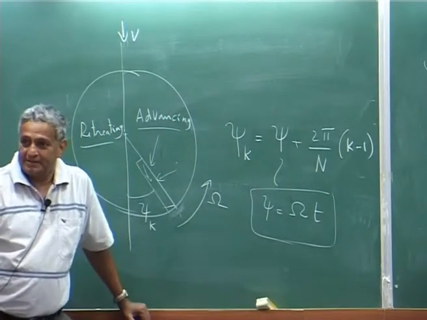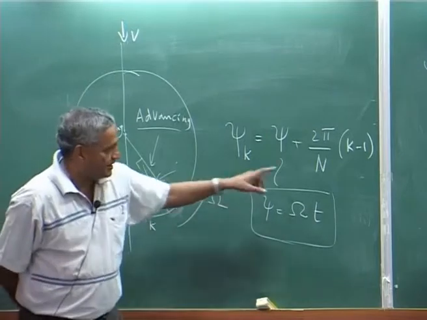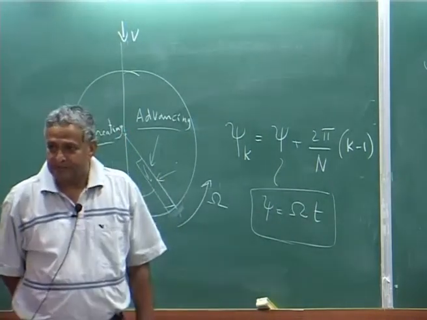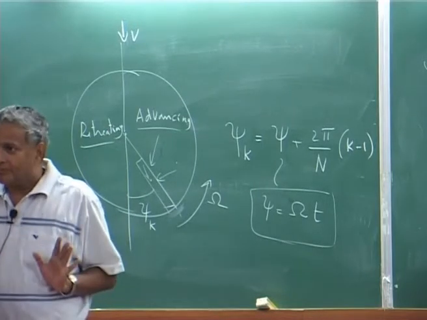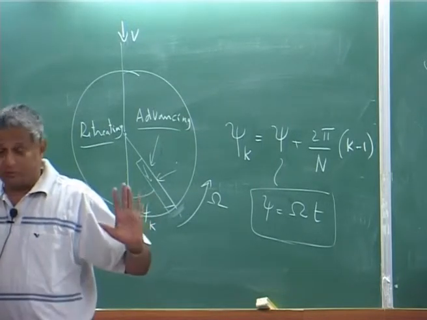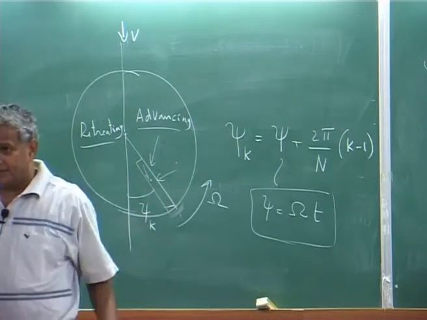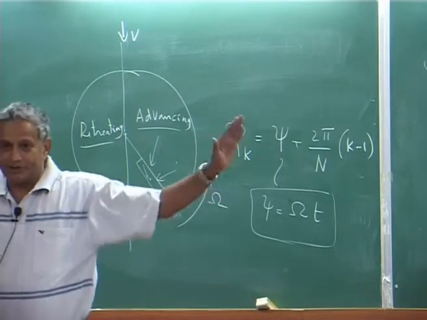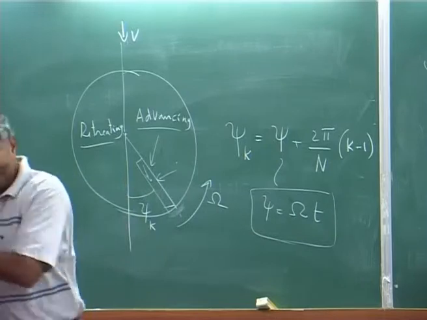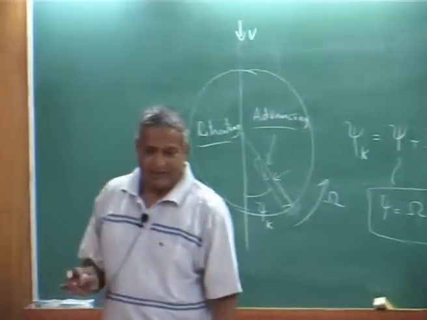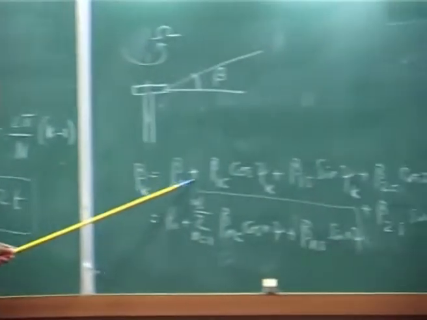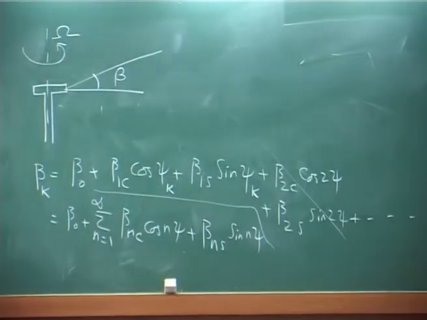Okay. Now, what happens, each blade is represented as a Fourier series, because you have to know each blade is independent. We are not talking about teetering rotor, okay. This blade behaves, that blade behaves, but all of them have the same expression.